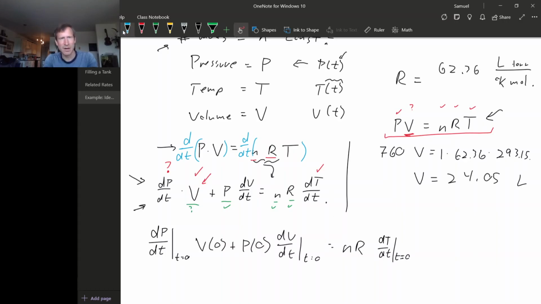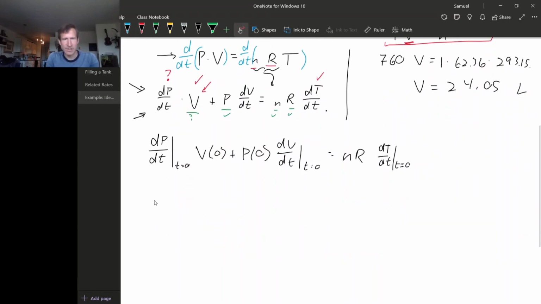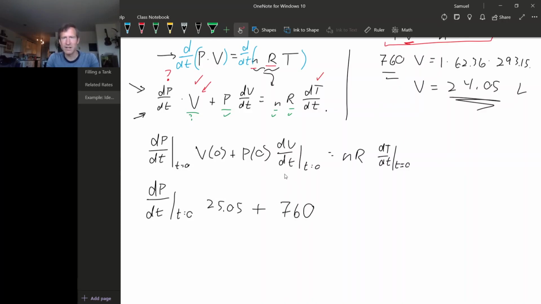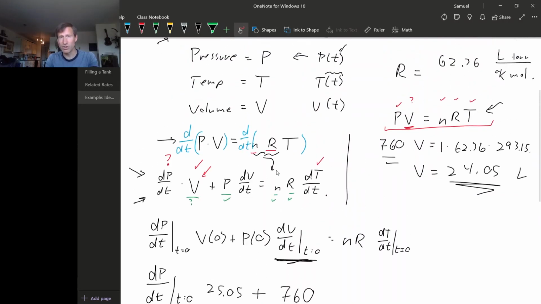Okay. Now this dP/dt, that's the one we're looking for, so we'll leave that as unknown. Volume at this time, that's what we found up here, so 25.05. And again, I won't write the units because they're all compatible. The pressure at time 0, that was this 760 torr. And then dV/dt at this time, well, we knew the rate of change of the volume at the beginning.